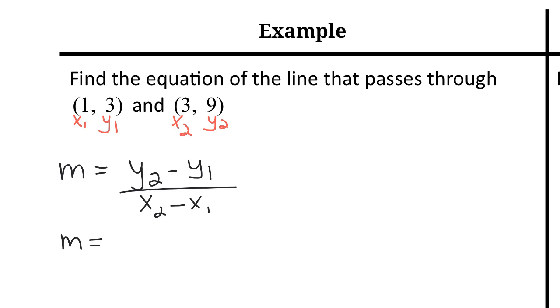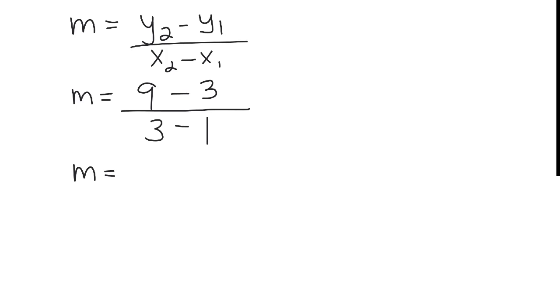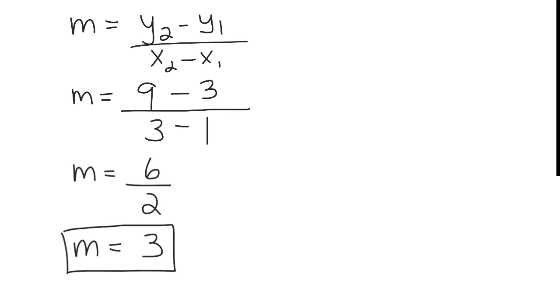So my y2 value is 9 minus my y1 value, which is 3, all divided by my x2 value, which is 3, minus my x1 value, which is 1. 9 minus 3 is 6, and in the denominator we have 3 minus 1, which is 2. 6 divided by 2 is 3. So my slope is 3.